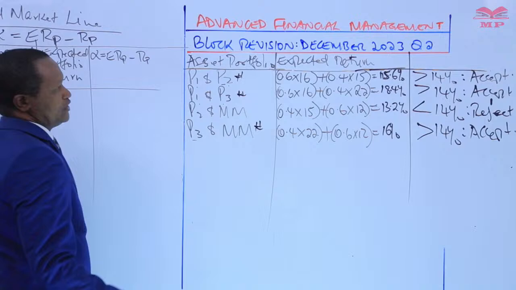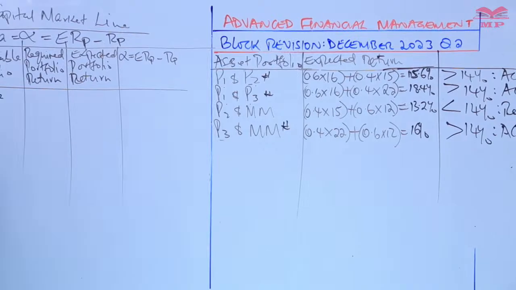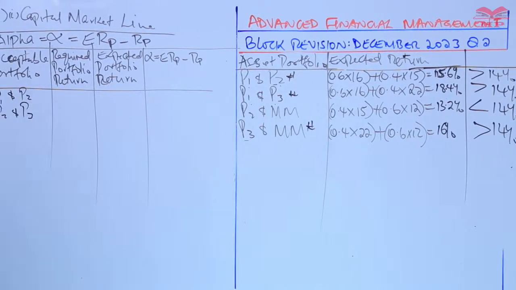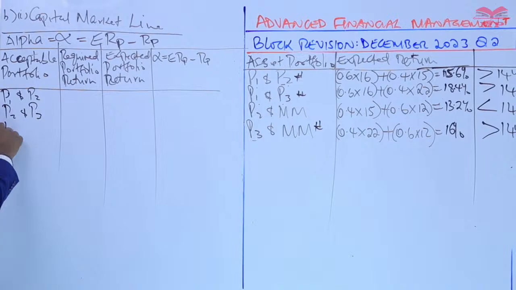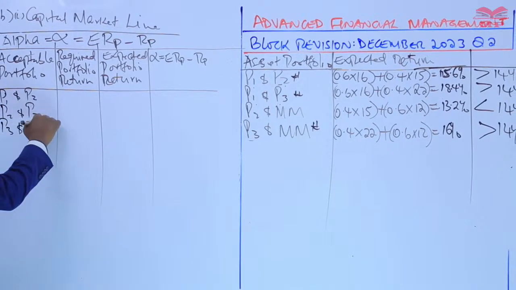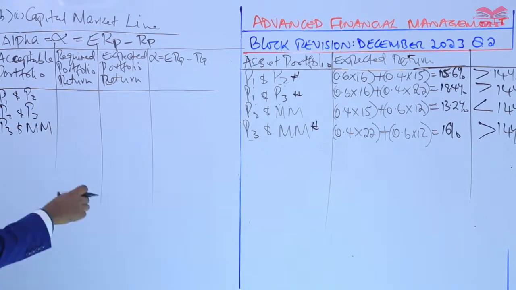We have 3 acceptable portfolios. One is P1 and P2. Then we have P2 and P3. Then P3 and money market. 3 portfolios are acceptable.